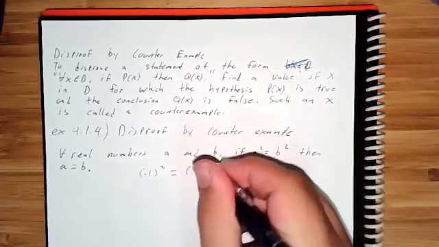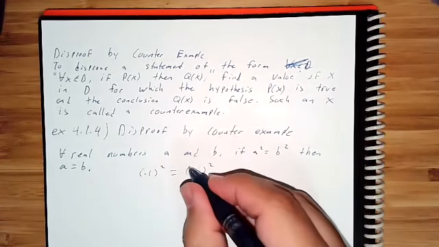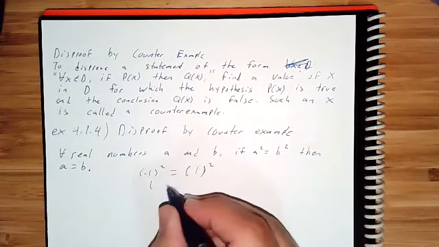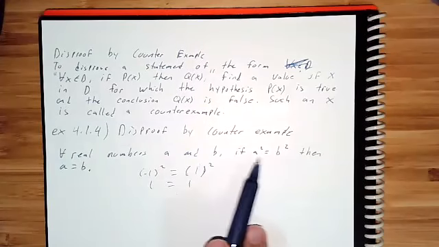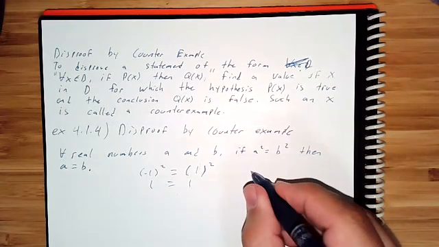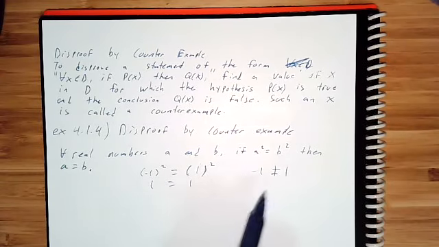Yeah, this will work. So -1 and 1 both squared are equal to 1, right? So these are equal, even though they're different. But -1 is not equal to 1. So this is an example.